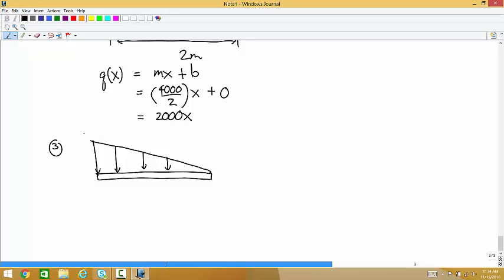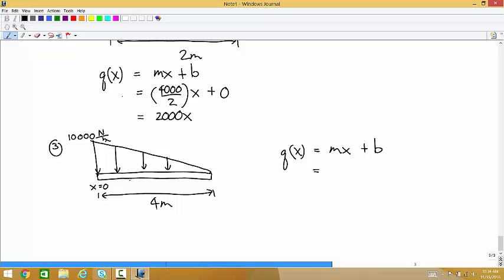So let's say this is 10,000 newtons per meter. Let's say this is 4 meters. So again, this is a linear function, so we have mx plus b. The slope is rise over run. The rise is negative 10,000.